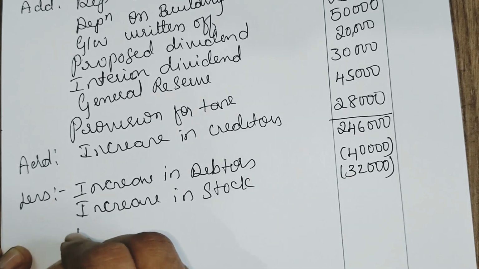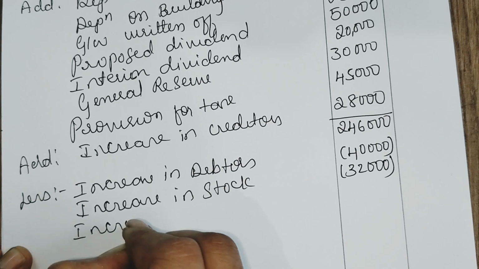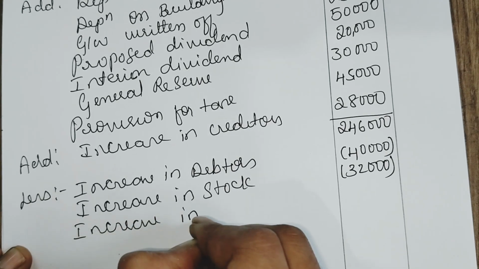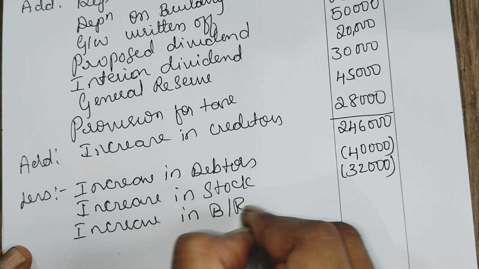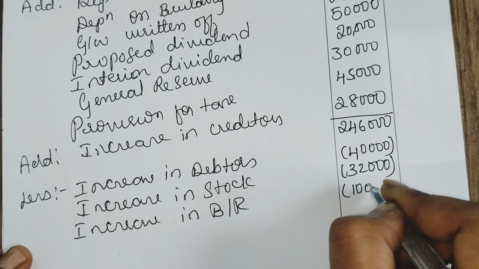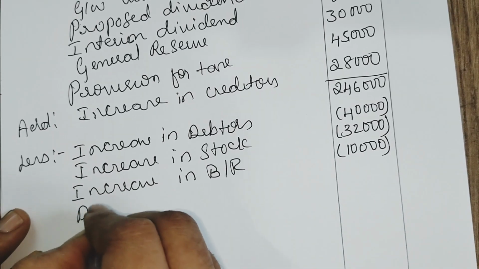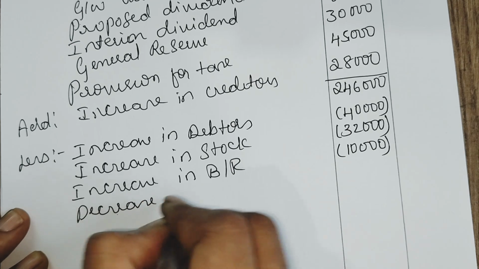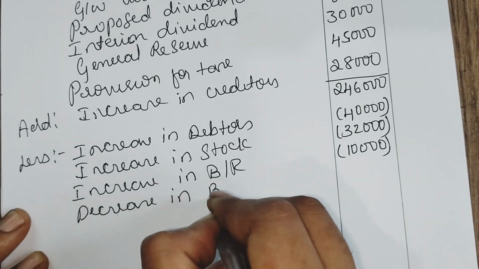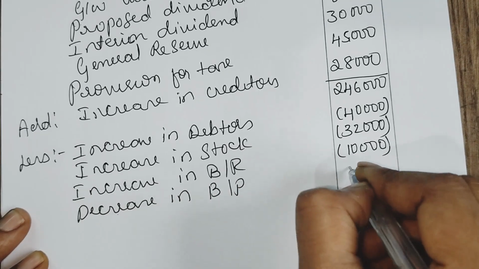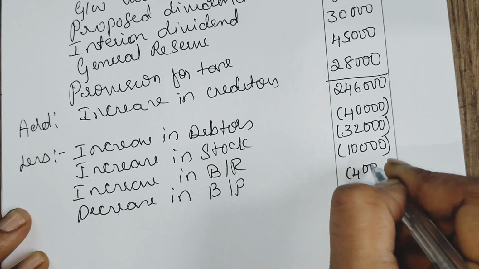Increase in bills receivable 10,000, and one decrease in bills payable 4,000.